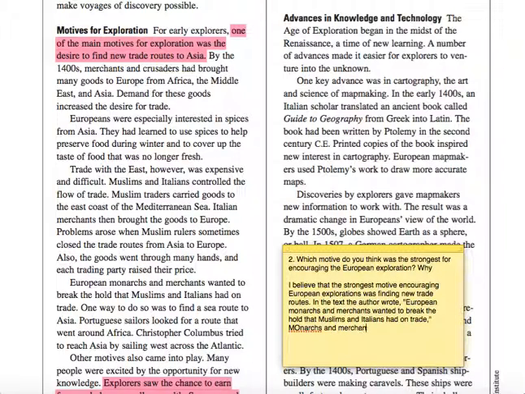Monarchs and merchants have lots of wealth.